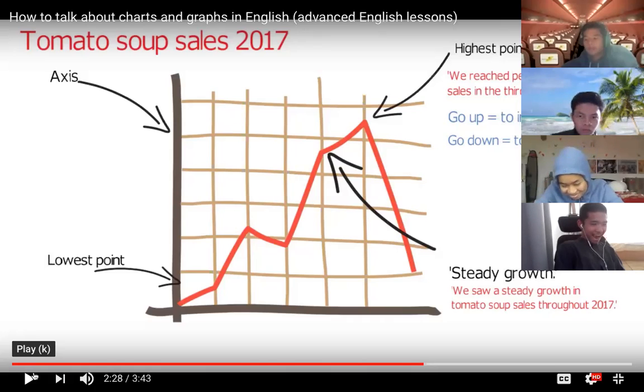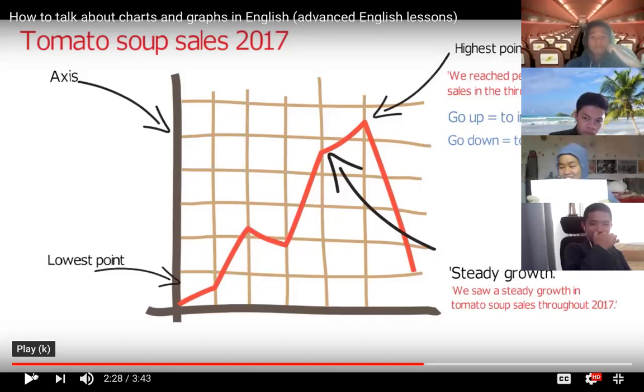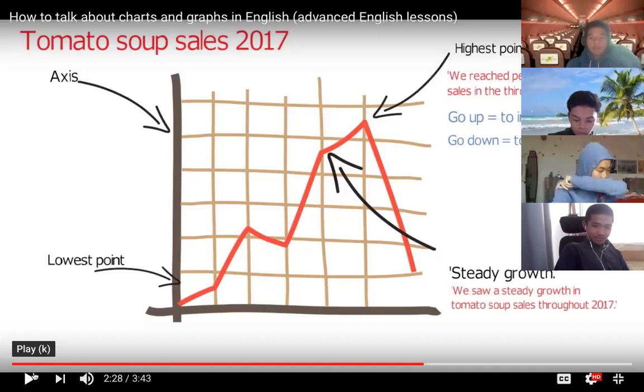We'll proceed again, but look at the things that you identify. For example, you look at the steady growth. Those are the words that we expect to hear when you do your presentation. Whatever chart or diagram that you use, make sure you use those words like steady decline, steady increase. It goes up. There's a decline. It's progressing steadily. Those are the words that we want to hear in your technical presentation.